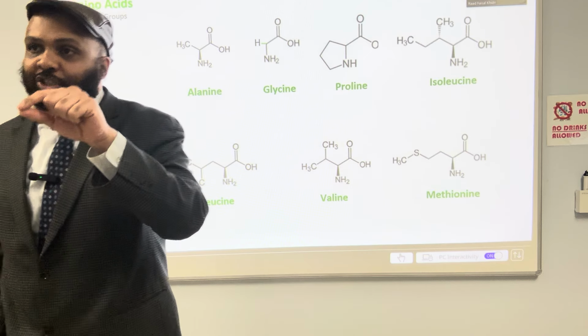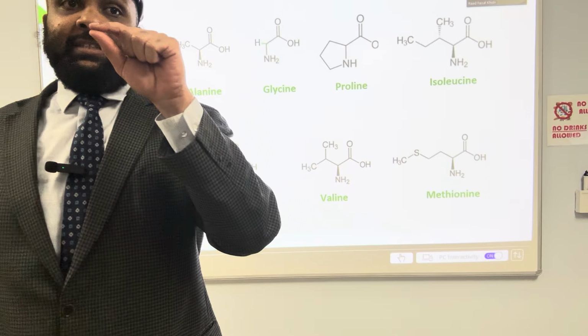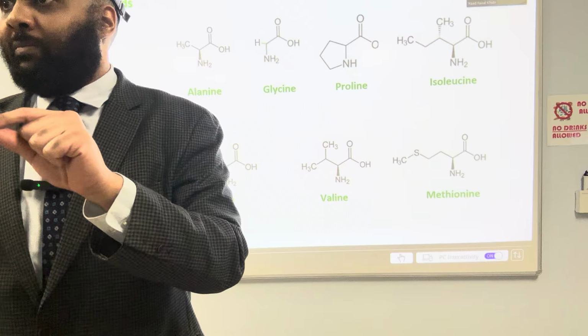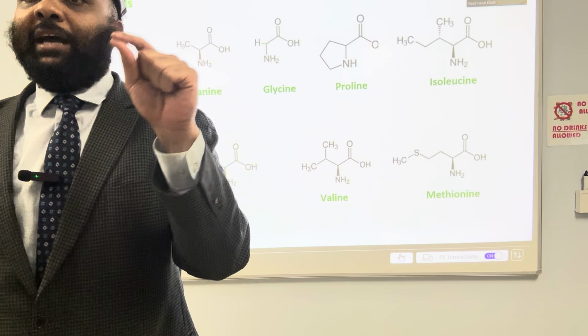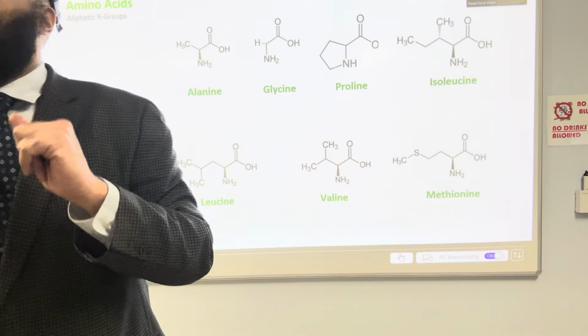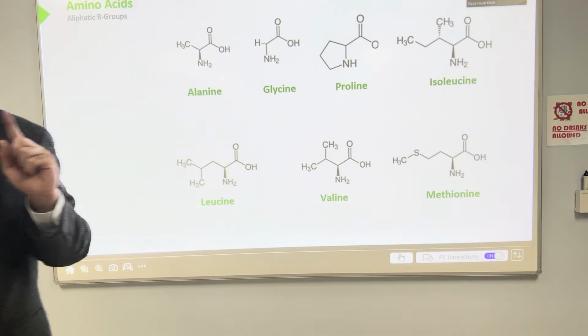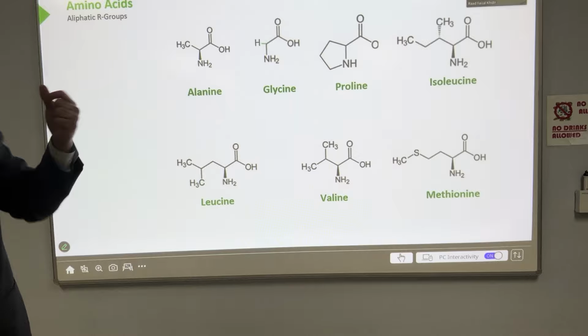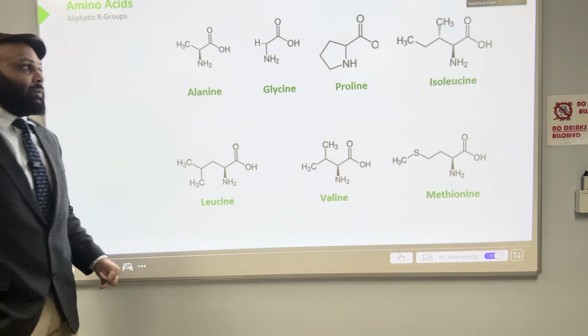So when the R substituent is itself a hydrogen, then that shows you it cannot have 2 hydrogens. So it's achiral. So what's the only amino acid that is achiral? That's glycine. See, glycine is the only achiral.